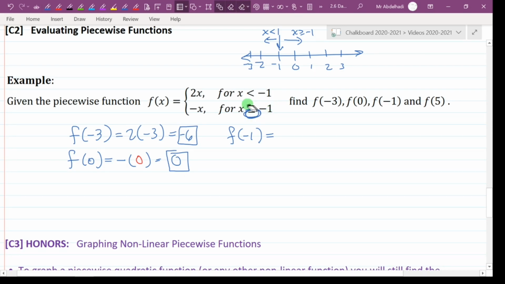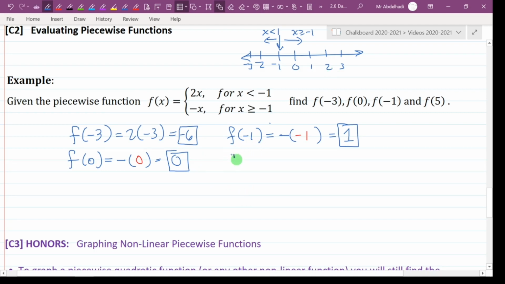That equal to makes all the difference. So is negative 1 greater than negative 1? No. But is it equal to? Yes. So because there's an equal to there, you can plug in the negative 1, and you can only plug it into the bottom. So the bottom function is negative x. We're going to plug in a negative 1, and we get negative negative 1, which is positive 1, and there's your answer. Okay, box your final answer.